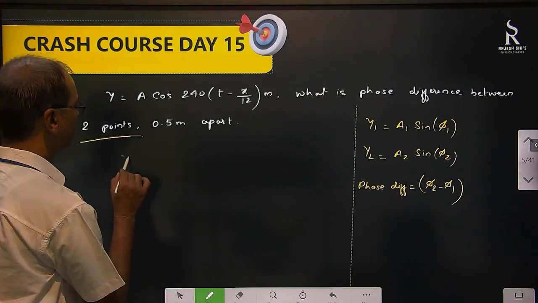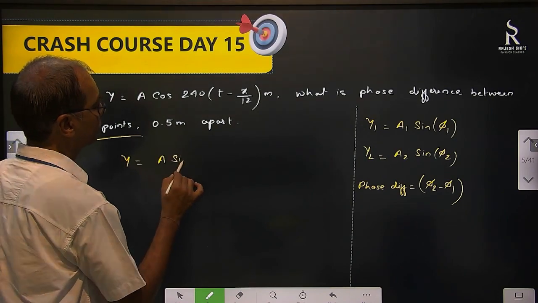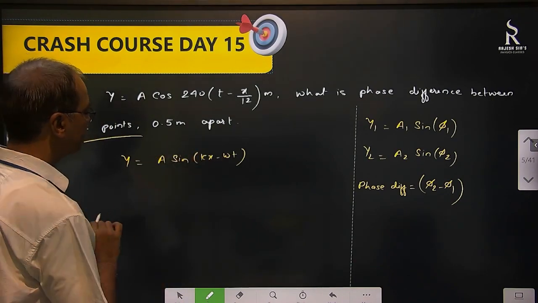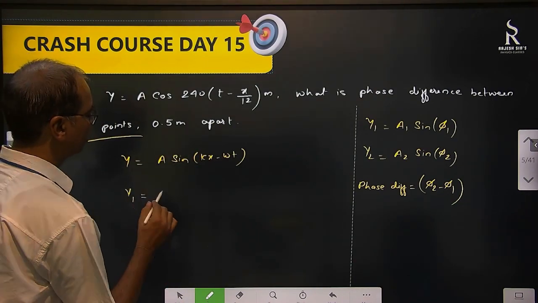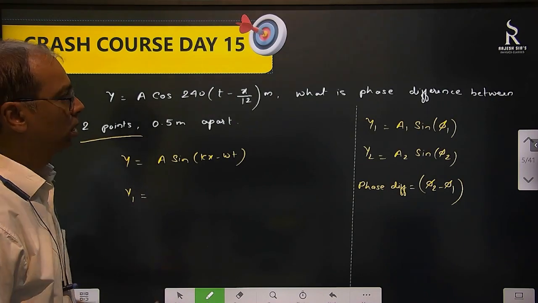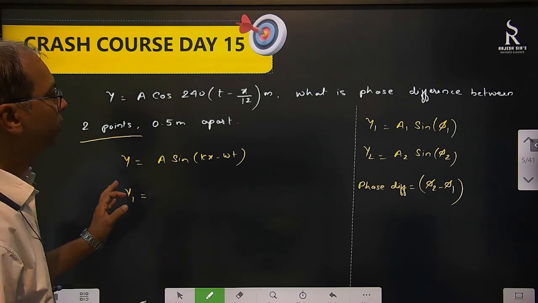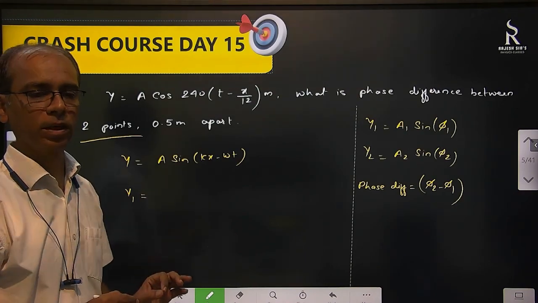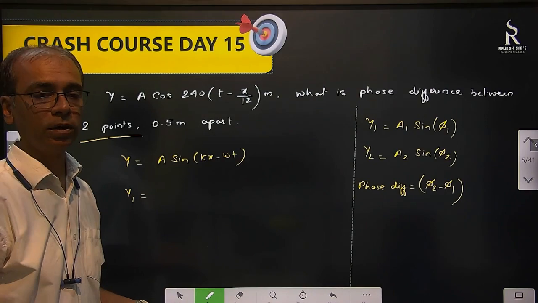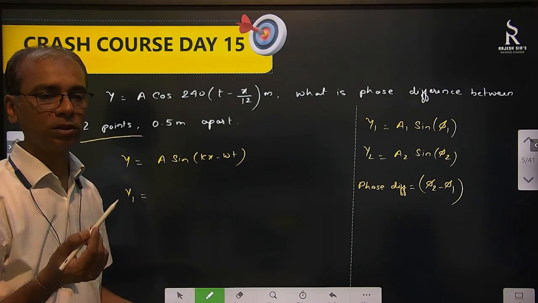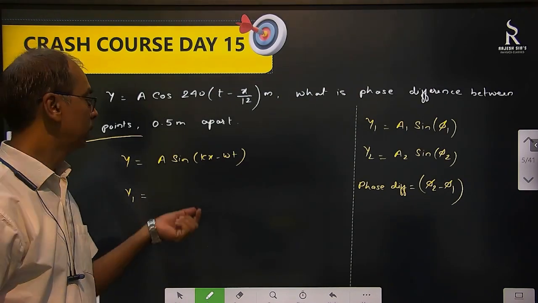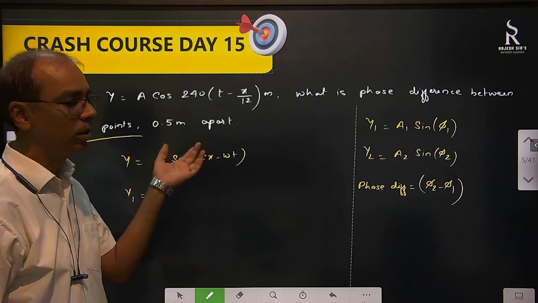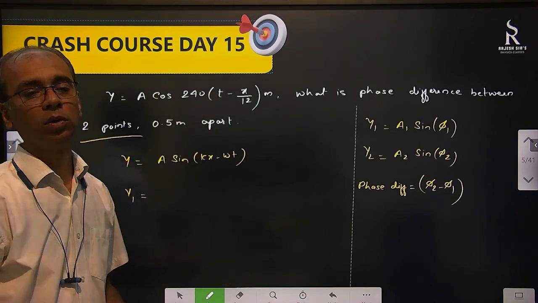Like if I am writing the wave equation A sin(kx minus omega t), for two particles, will they have the same amplitude? In a wave, all the particles are doing SHM, and they have the same amplitude. Then what is different? Their positions at different times is different, their x is different, and they may be at different positions in the SHM also.